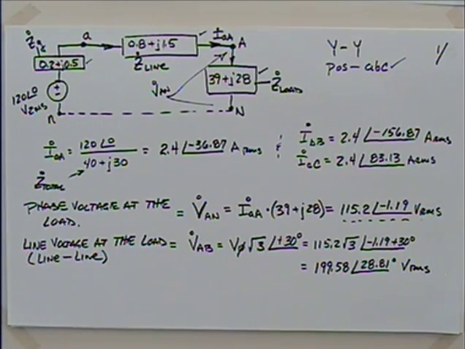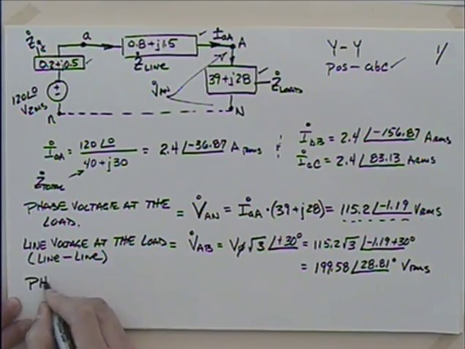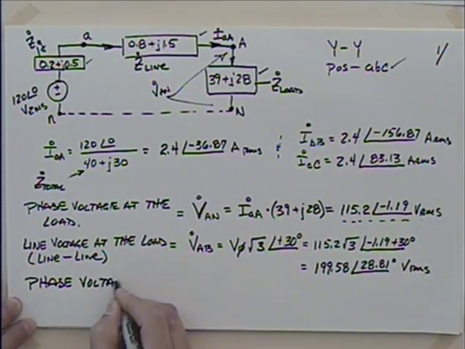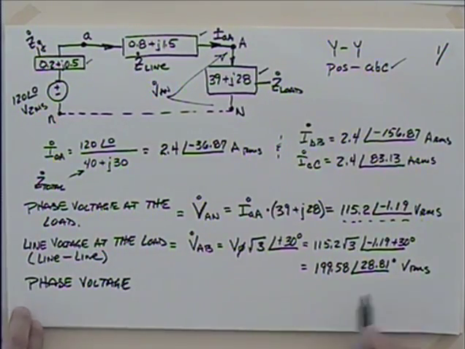Okay. Oh, what about the phase voltage at the source? And obviously, if someone wanted the set of these, we'd need to give them all three voltages, add or subtract 120 degrees. I won't belabor that.